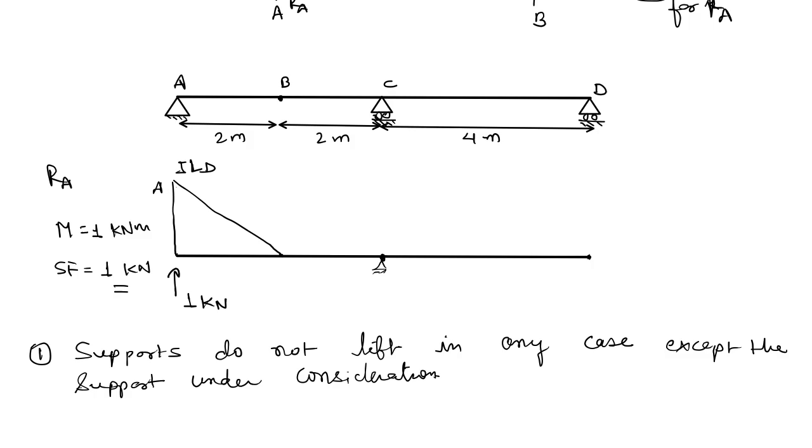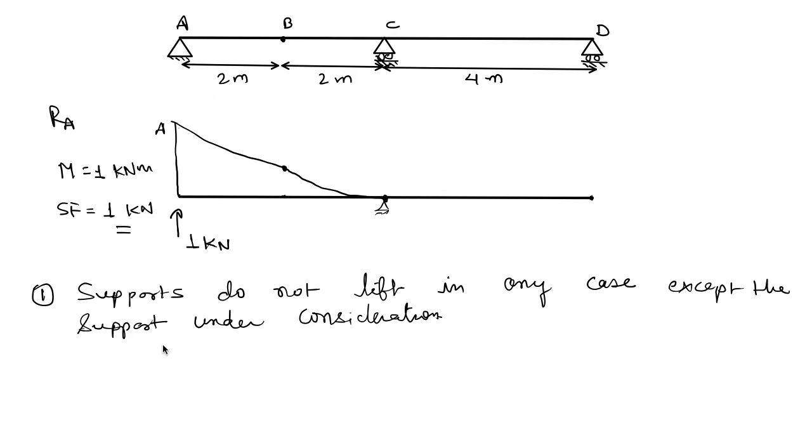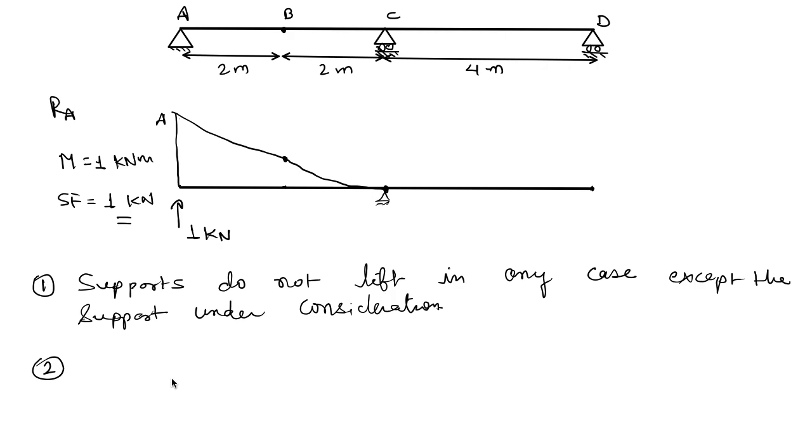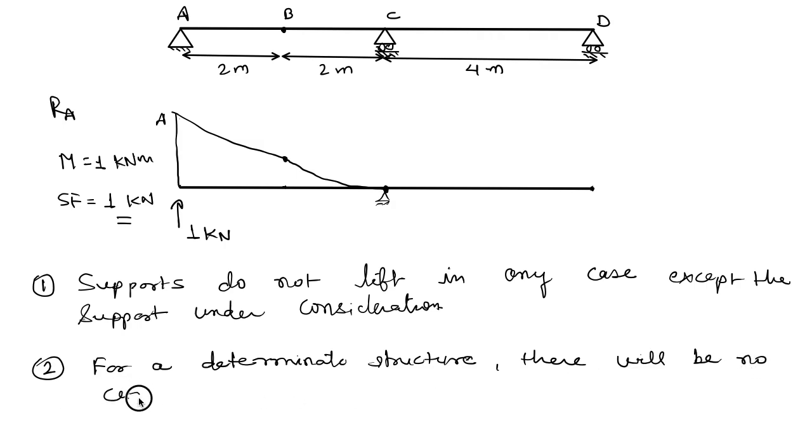Now you can have another confusion: why can it not be something like this? Even though the supports are not lifting, this part can become curved and something like this. We should get the influence line diagram at A. To remove that confusion, we have another rule: for a determinate structure, there will be no curved lines.